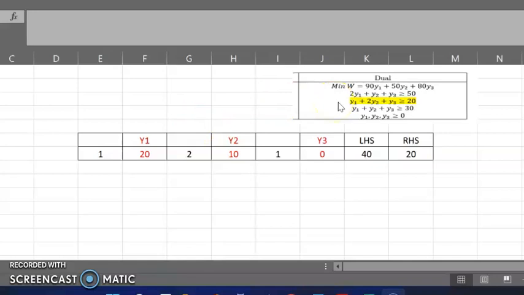With the coefficients we currently have, the left hand side of this constraint is actually 40, which satisfies the constraint since it's larger than the right hand side. In order to make the left hand side smaller, we're going to have to modify these coefficients, well, mainly these two, since the optimal value of y3 is 0, so it won't change.